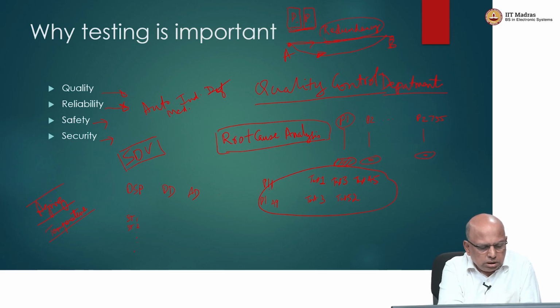So, even though we sold the product to the customer, testing must continue. That is the point you have to understand, right. Earlier I mentioned to you that there are three things: there is design, there is manufacturing, and there is testing.